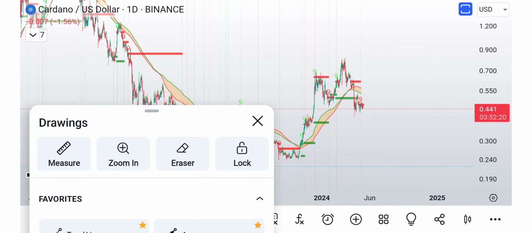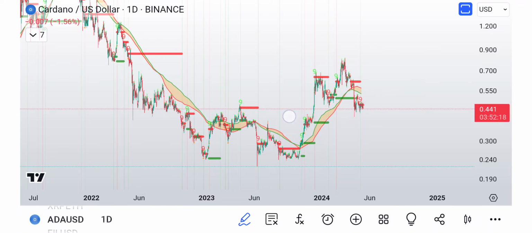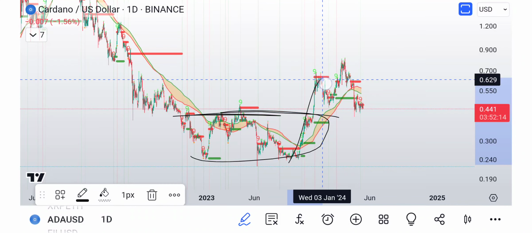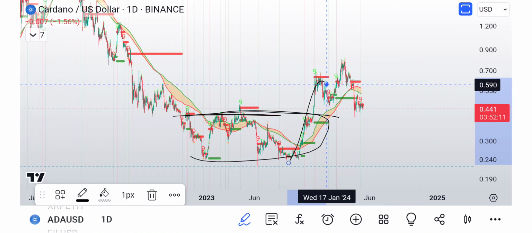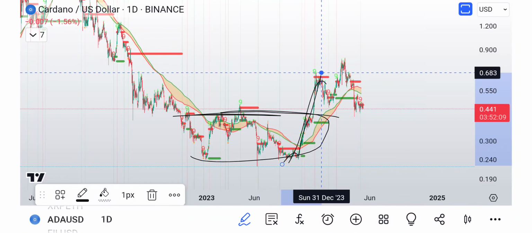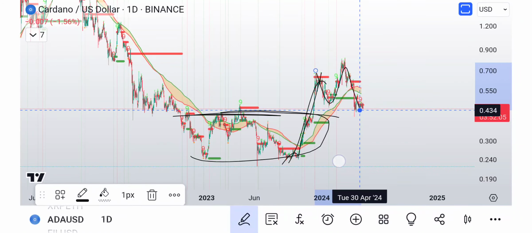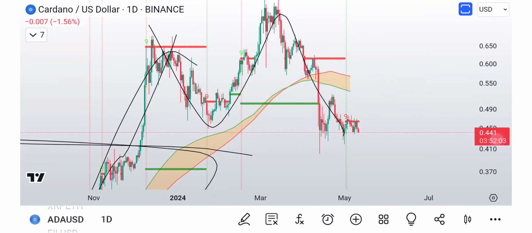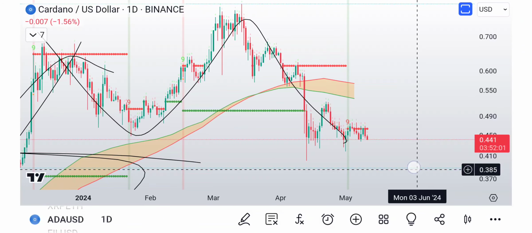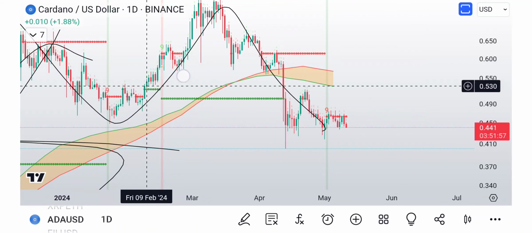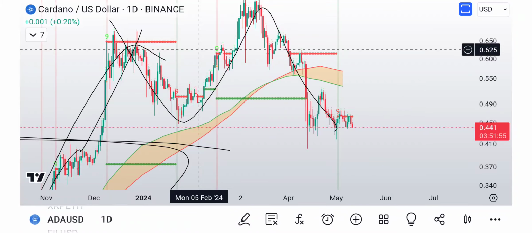Now when you look at things like ADA, here's our range, and ADA broke the range, and it looks like a 1, 2, 3, 4, 5 with an expanded flat. We came down here. So look at ADA, we also had a 9 on the daily. Doesn't look like it's playing out so well, but last time we had a 9, we had a pretty good pump.